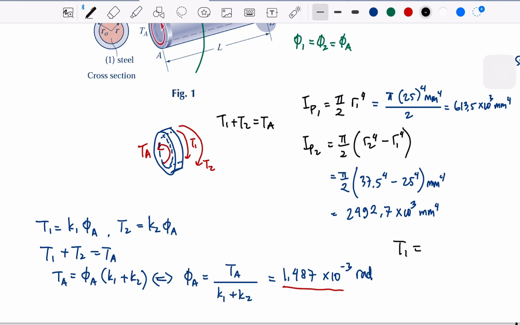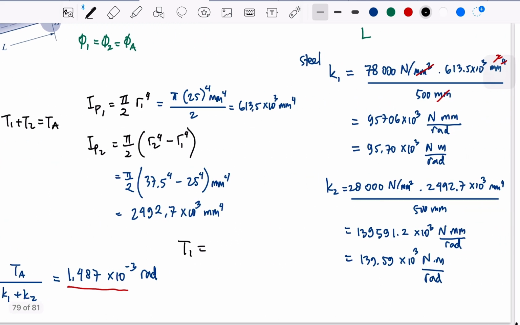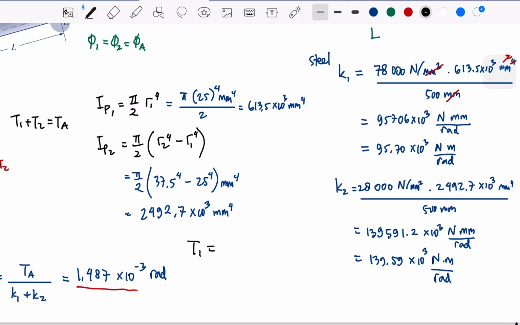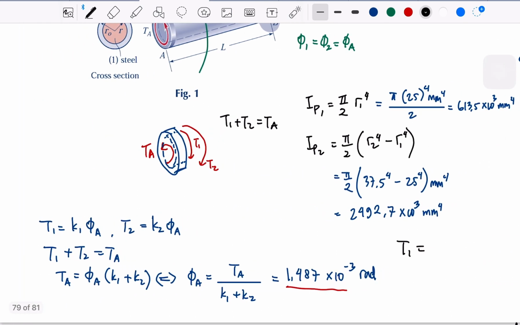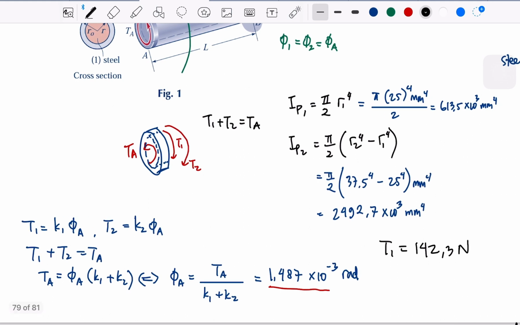So T1 is the multiplication of the angle with the K. So we can multiply and we get that this T1 is 142.3 Newton meter and T2 is 207.6 Newton meter. Okay, we get T1, we get T2, then we can calculate the stress.